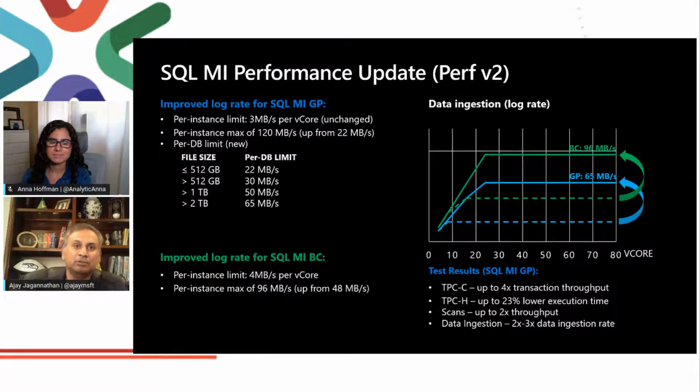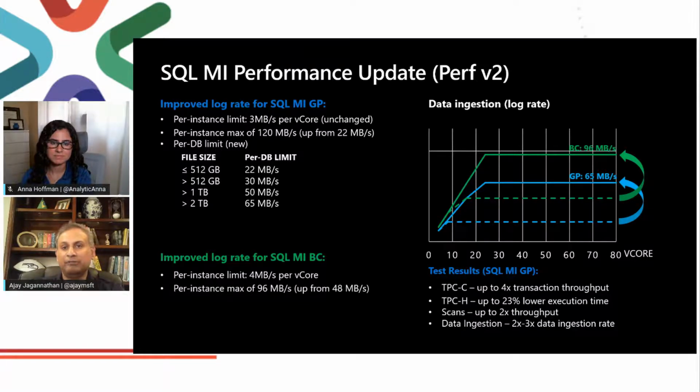As you can see here, the throughput was limited based on the number of files you were using, as well as the database size, because Azure storage throttles your throughput. So now we have significantly increased your per DB limit as well as your instance max, as you can see, for both General Purpose and Business Critical. And the big difference from here is the log rate has gone almost 5 times bigger.